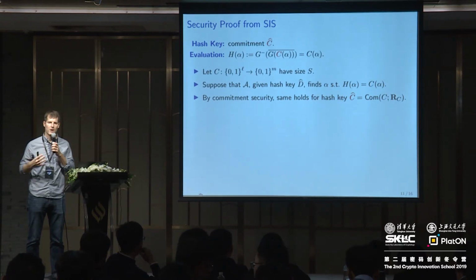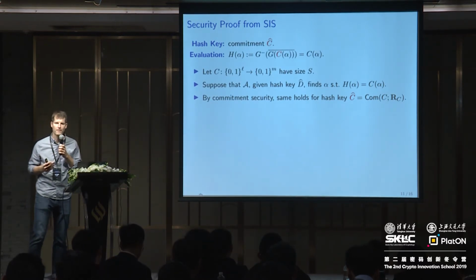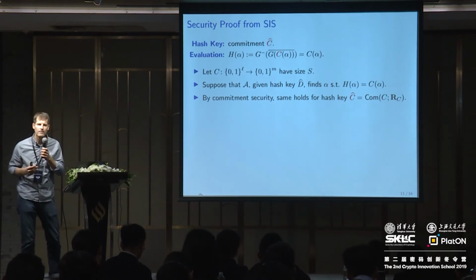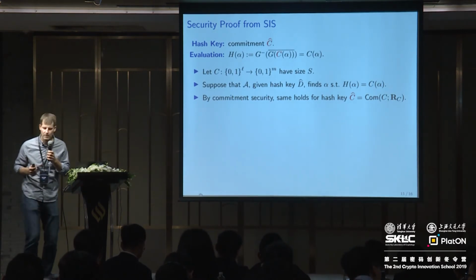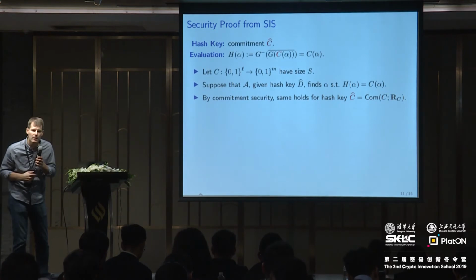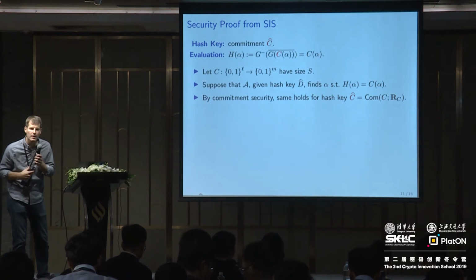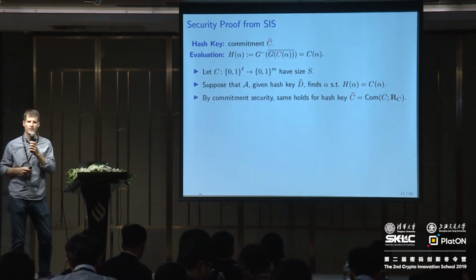Then he receives a hash key and needs to find an input alpha such that the hash of alpha equals C of alpha. So the adversary should first declare the circuit C before he receives the hash key. That's correct, yes.